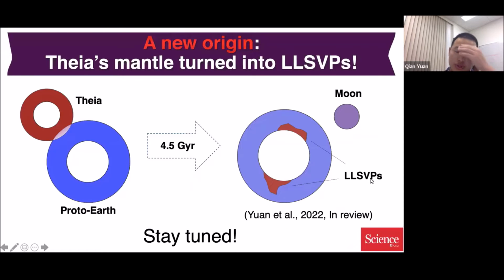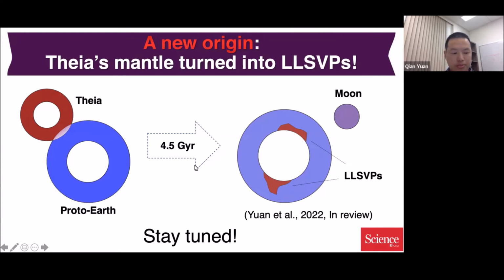During my PhD, I also proposed a new origin for the LLSVPs that some of you may have heard about. Unfortunately, this paper is still in review. Everyone knows it's challenging to publish new ideas. In this study, we propose that the two blobs, the LLSVPs, could be the mantle remnants of the moon-forming impactor Theia after 4.5 billion years.